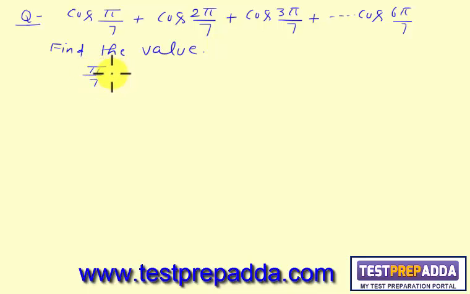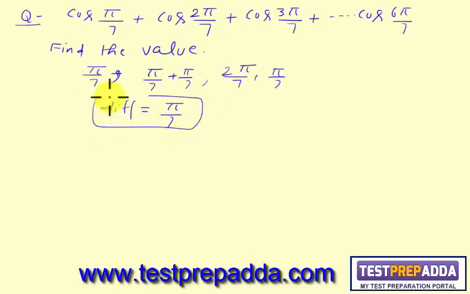Pi by 7, next angle pi by 7 plus pi by 7, next angle 2 pi by 7 plus pi by 7. They are in AP. What is the difference? Difference is pi by 7. How many terms are there? n terms are there.